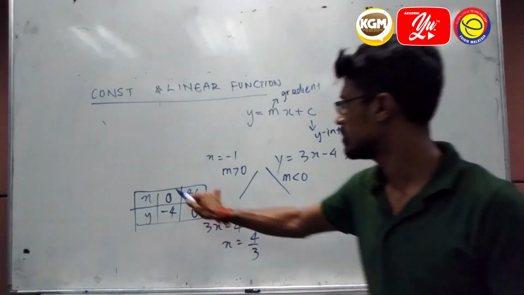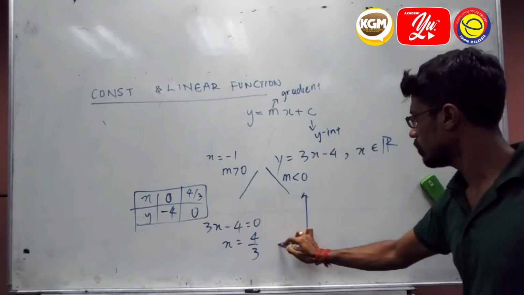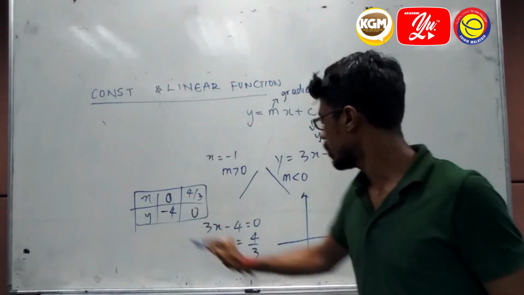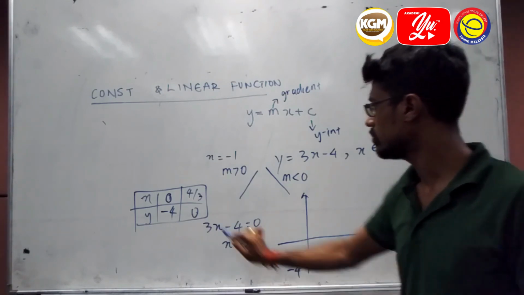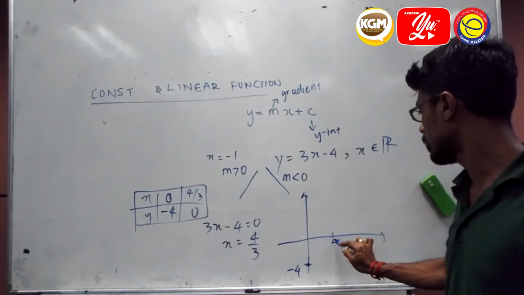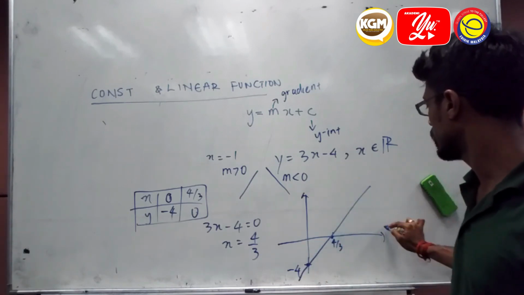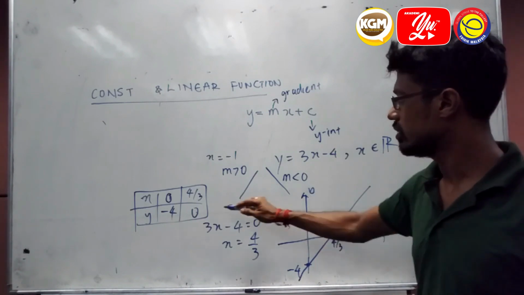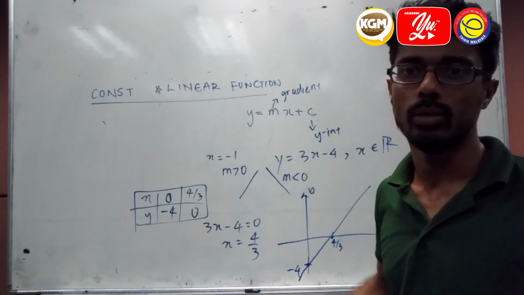Then I thought, okay, I'll just stick in 0, it would be much easier. So now x0, y -4. So this is your -4. This is your point. 4/3 is 0. 4/3 is here. 0 is here. There you go. Okay, so this is your first example for your linear function. Okay, so I hope you enjoyed.